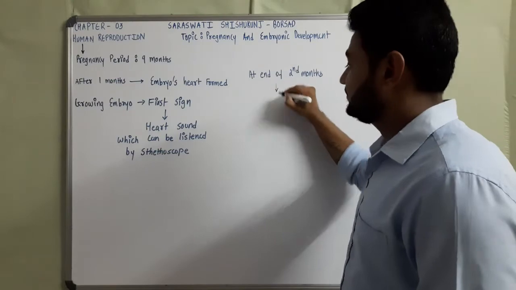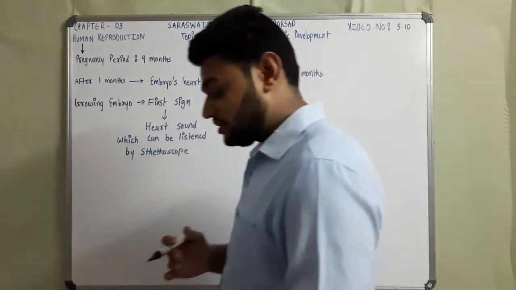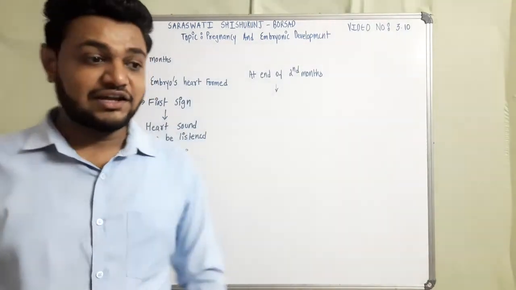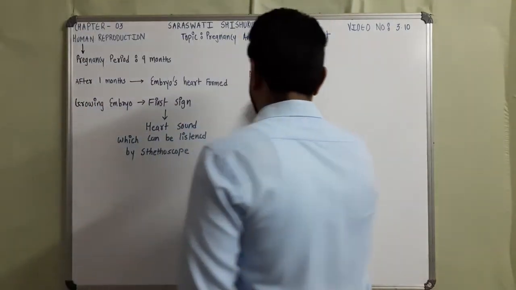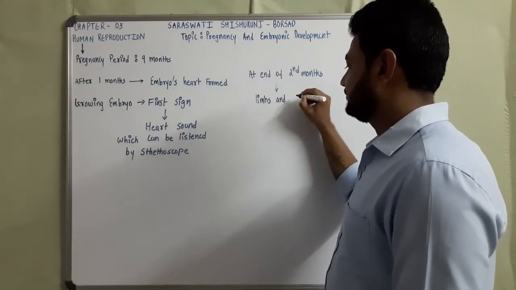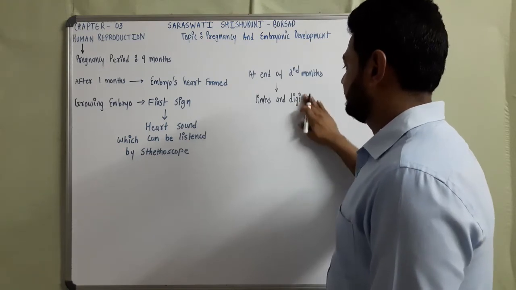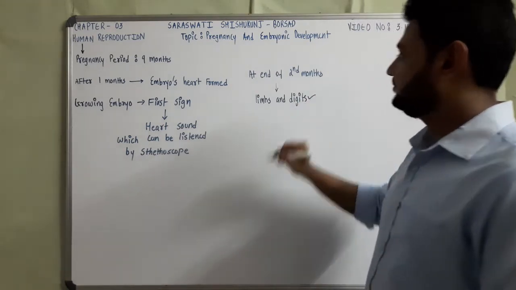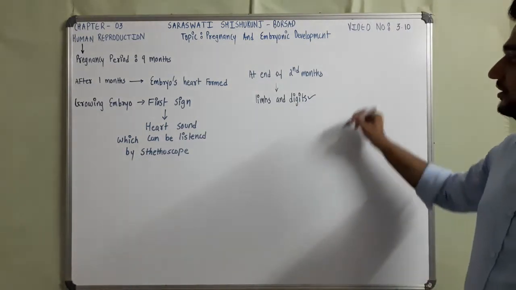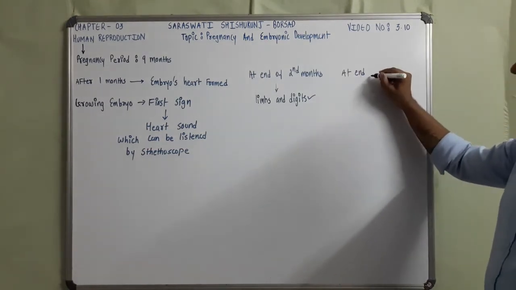At the end of the second month, the body undergoes developments, like limbs and digits are formed, that is legs and hands and their digits, fingers. Limbs and digits are formed at the end of the trimester, that means after 12 weeks or third month.